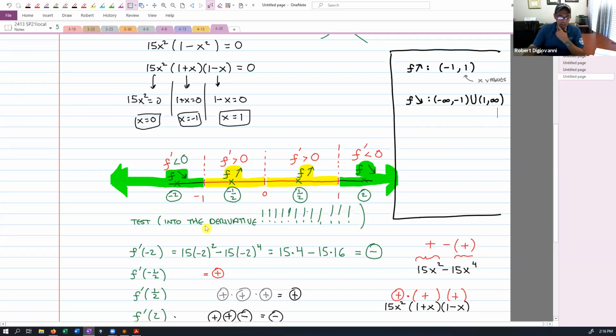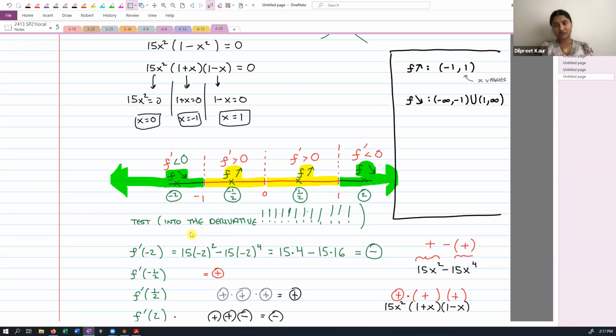Okay, the reason why I did this is because you know how I picked these test points and I'm telling you to plug them into the derivative? Because in 4.1, when we're finding the absolute max and minimums, we have a closed interval. On that method, you get your critical numbers and your endpoints, and what do you plug them into?